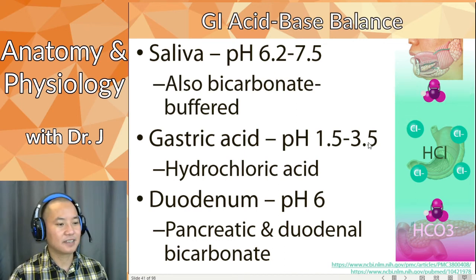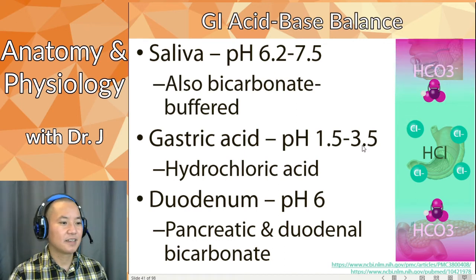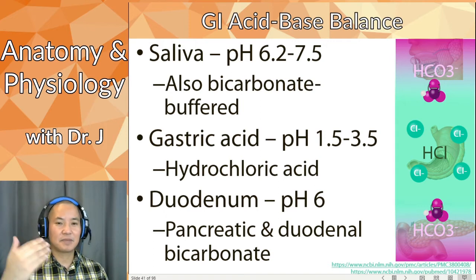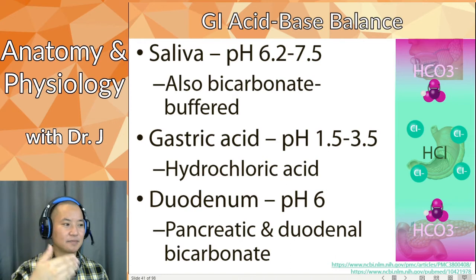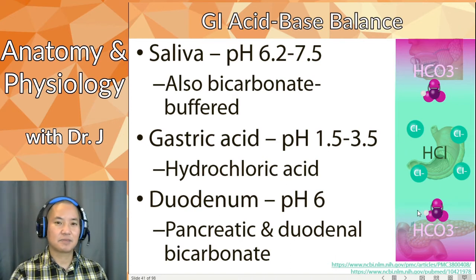So you have a chemical barrier that prevents your gastric acid from dissolving your esophagus and also from dissolving your intestines and other organs downstream of the stomach. So this is why acid-base balance is important, because not only do you have those sphincters that try to contain stomach acid, you also have a chemical barrier from both saliva and the duodenum, trying to keep gastric acid where it's supposed to be.